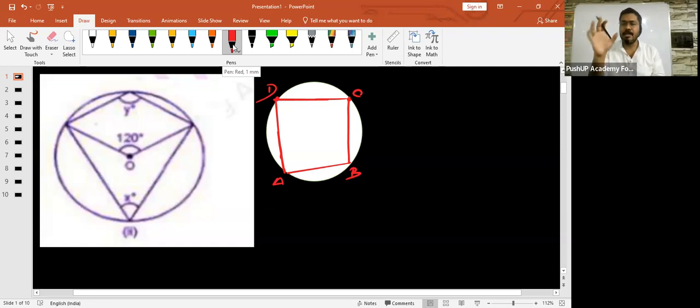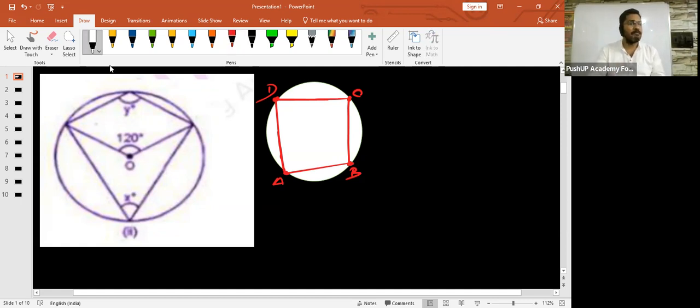It is a mandatory rule which you have to follow. So did you notice when I drew this quadrilateral, point A, point B, point C, and point D, all the 4 vertices are lying on the circumference of the circle.